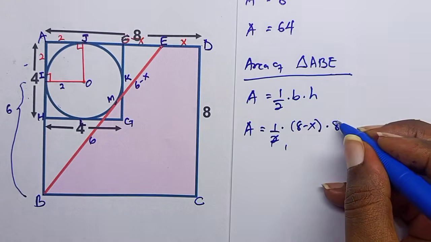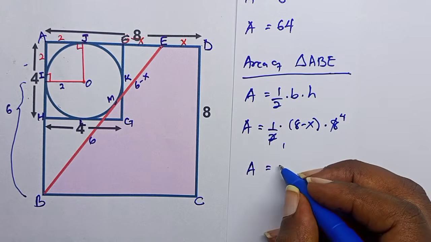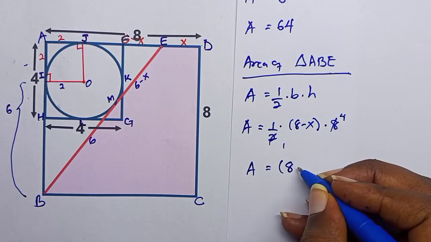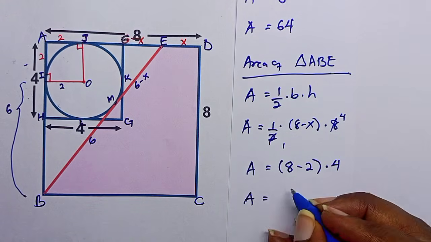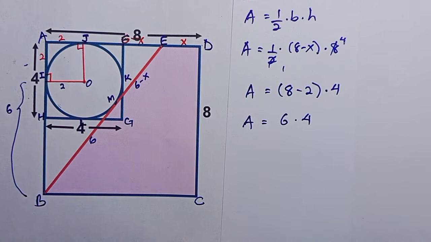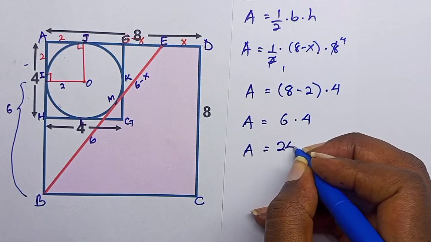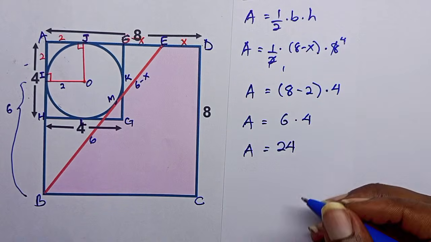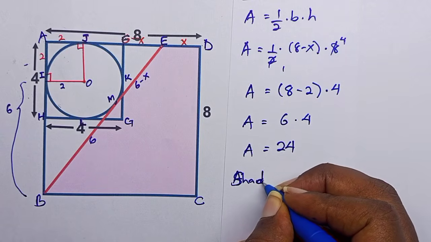So this 2 goes into 8 4 times. So area is equal to, we remember we got our x as 2, so 8 minus 2 times 4. And so area is 8 minus 2 is 6 times 4, which gives us 24 square units.